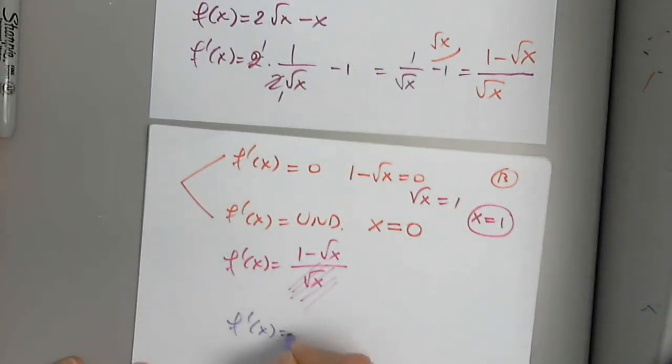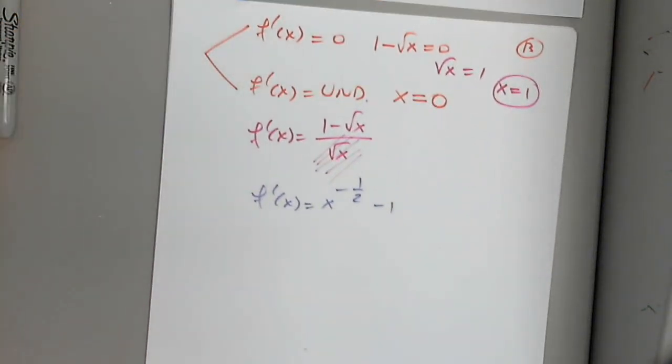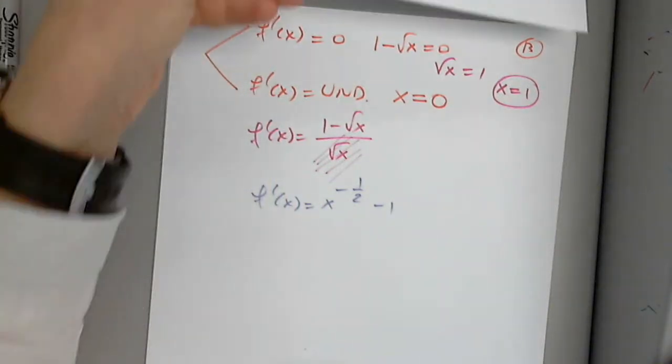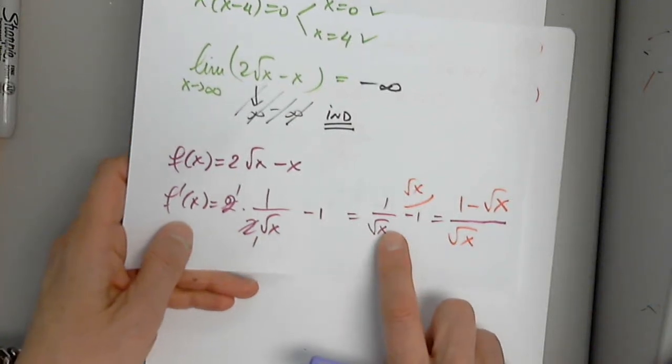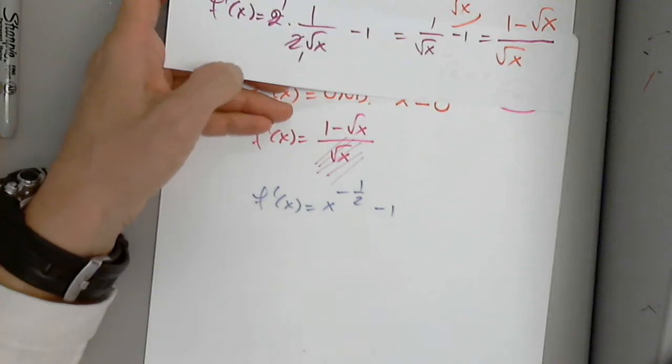So the first derivative is x to negative 1/2 minus 1. This is what I want to differentiate. So I changed 1 over the square root of x into x to negative 1/2. Why? Because it's easier to differentiate. Yes. And why do you only do the numerator? Because I changed the power into negative. So this is 1 over x to 1/2, and I change it into x to negative 1/2.